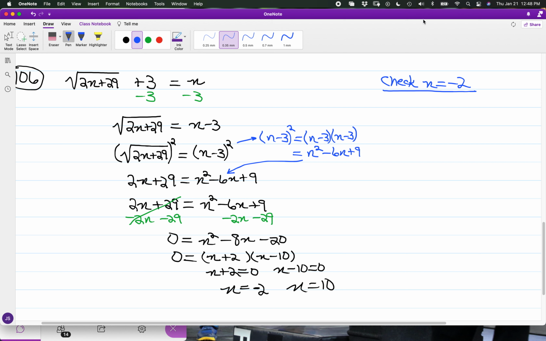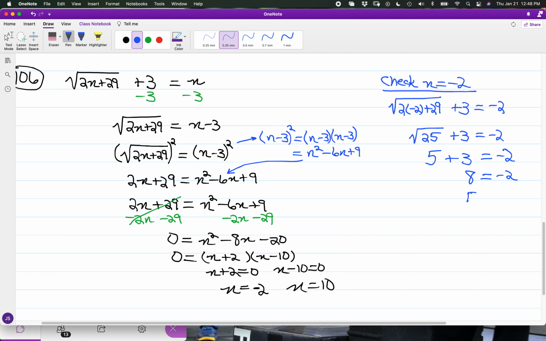So in this one, you have the square root of 2 times negative 2 plus 29, followed by plus 3 is equal to negative 2. 2 times negative 2 is negative 4, plus 29 is going to be 25. Square root of 25 is 5 only, and 5 plus 3 on the left comes out to 8. But on the right we have negative 2, so this is a false statement.